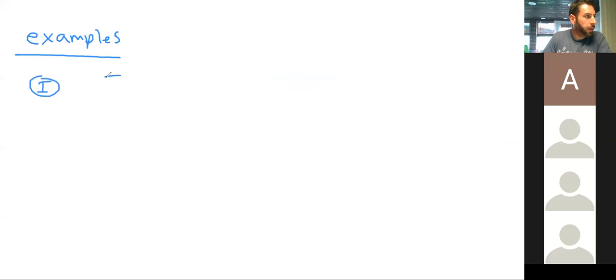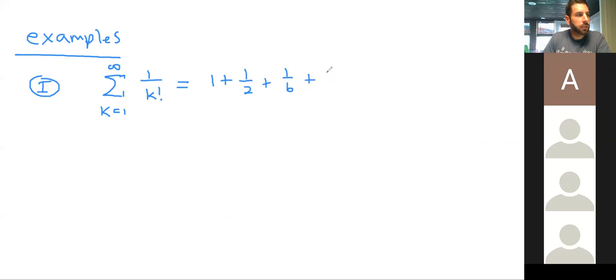So let's start with a very popular one. 1 over k factorial. To remind you what k factorial means, this is 1/2 plus 1/6 plus 1/24 plus 1 over 120.